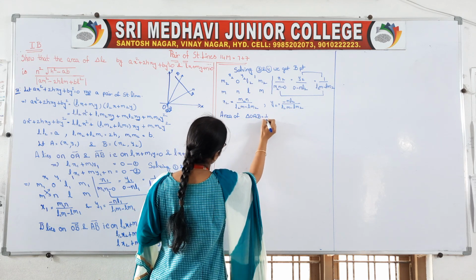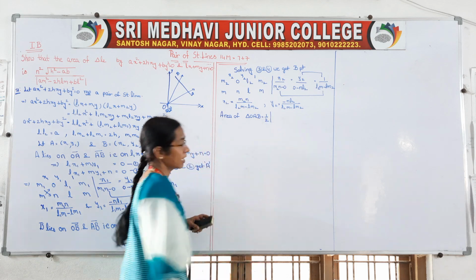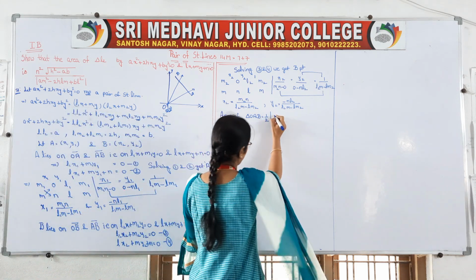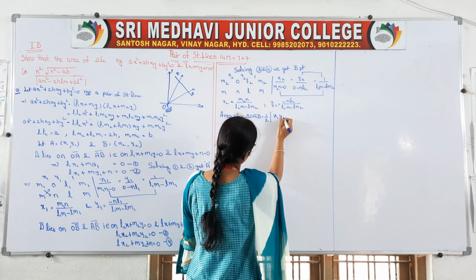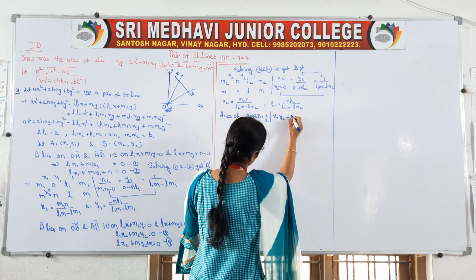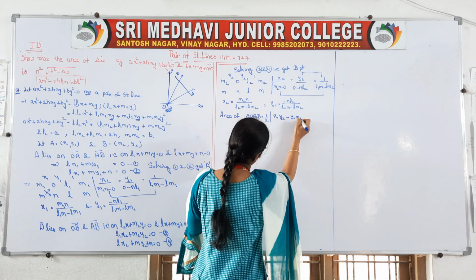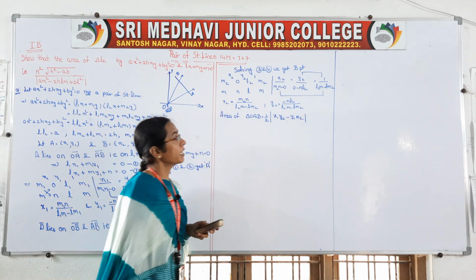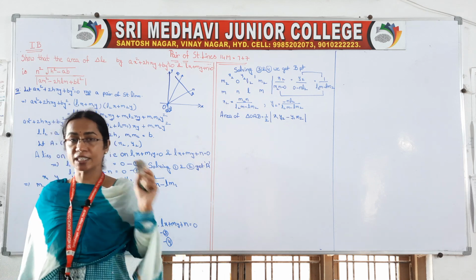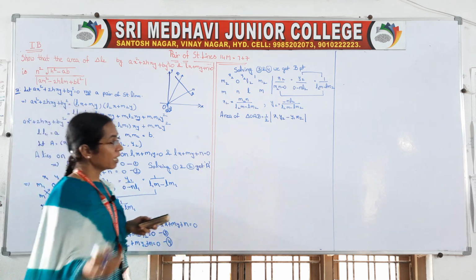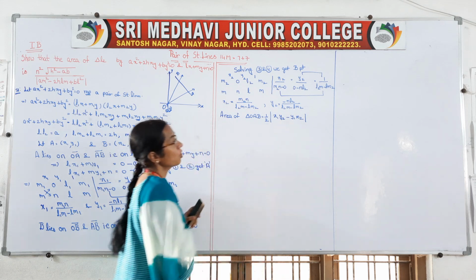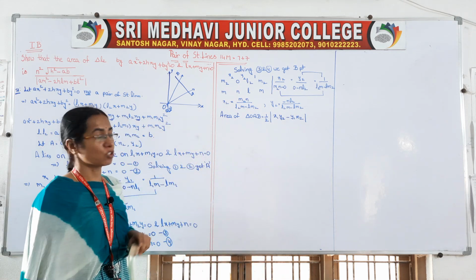Remember, whenever we are having origin as one vertex, then area of the triangle formula is x1y2 minus y1x2. Okay, so this is your formula for area of the triangle if one vertex is origin. Okay, half modulus x1y2 minus y1x2.